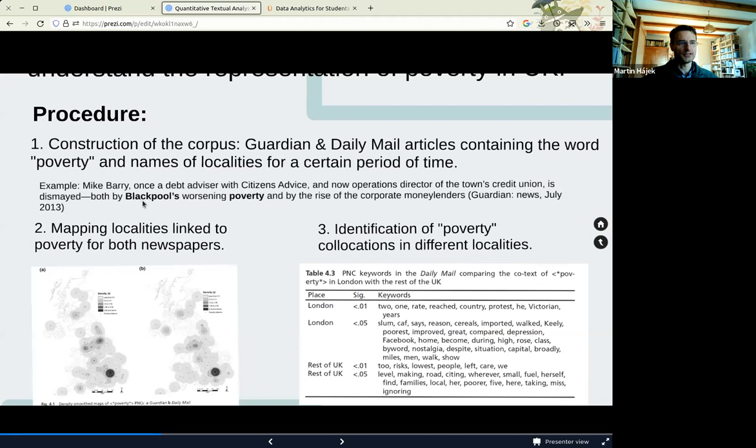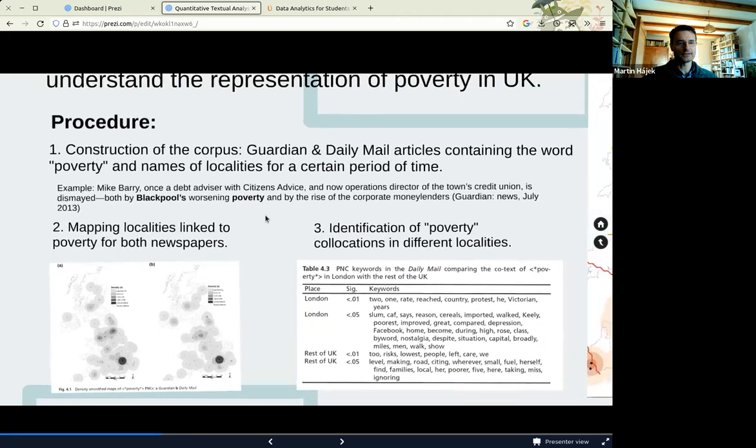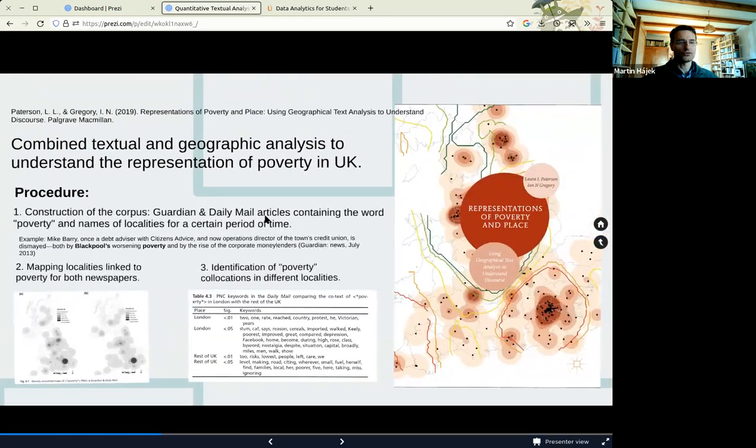So there is Blackpool, this is the locality, and also the word poverty. And if an article contained these two terms, it was included in the corpus. And they constructed a corpus from articles from these two newspapers for a certain period of time. I don't remember exactly which.